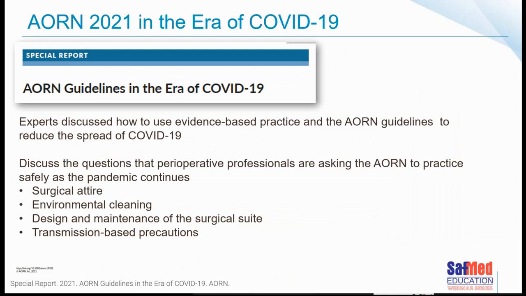Right, moving to the AORN guidelines in the era of COVID-19. So what they did in this special report, also published early this year, is that they looked at the already existing AORN guidelines and then interviewed the experts who actually wrote those particular guidelines, and then asked how those guidelines are applicable within COVID-19 constraints and circumstances, specifically focusing on surgical attire, environmental cleaning, design and maintenance of the surgical suite, and transmission-based precautions.